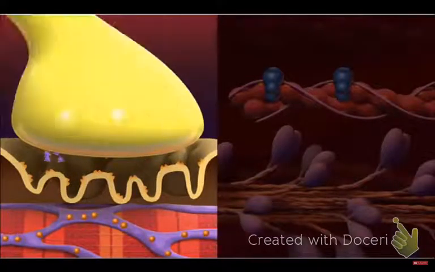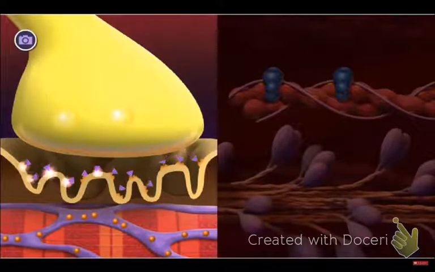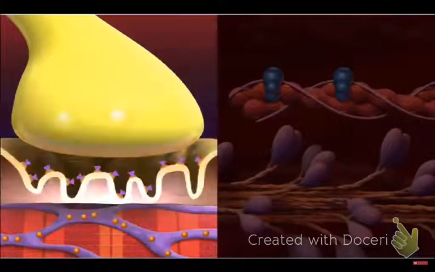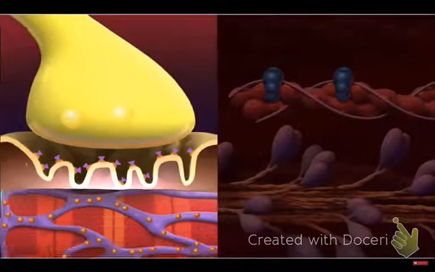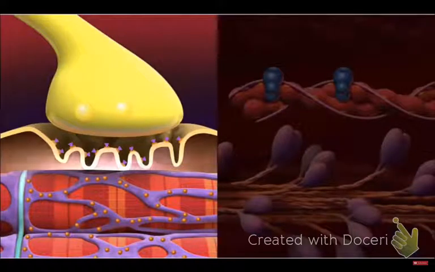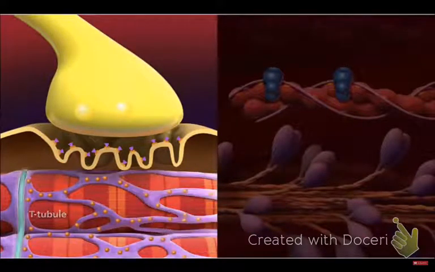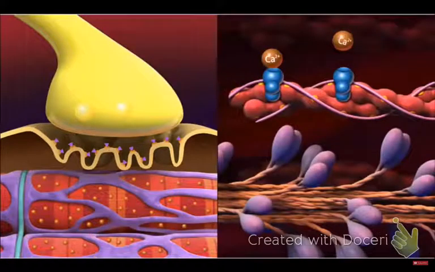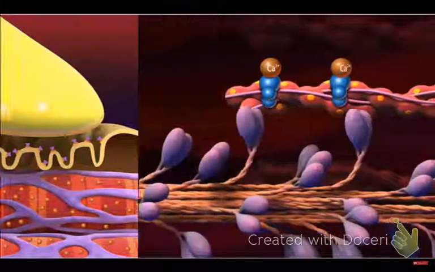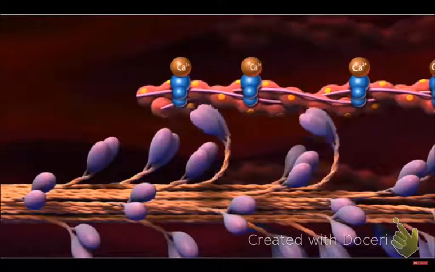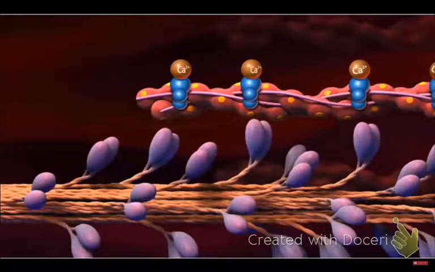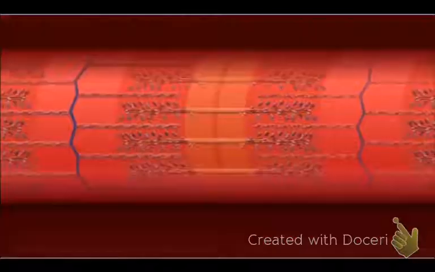Neurotransmitter molecules are released from a neuron and bind to receptors, which depolarizes the membrane of the muscle fiber. The electrical impulse travels down the T tubules and opens calcium stores. Calcium ions flow to the myofibrils, where they trigger a muscle contraction. As the actin and myosin slide along each other, the entire sarcomere shortens as the Z lines draw closer to the M line.